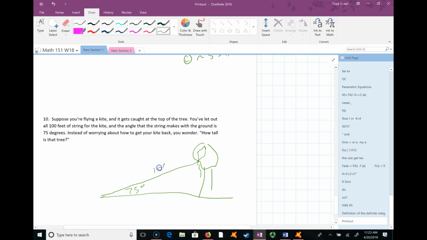So we know this is 100 feet because that's how long the string is. That's my hypotenuse. So I know the hypotenuse, and I want to know the opposite because that would be the height of the tree. We'll put an H there for height. Opposite and hypotenuse are sine.